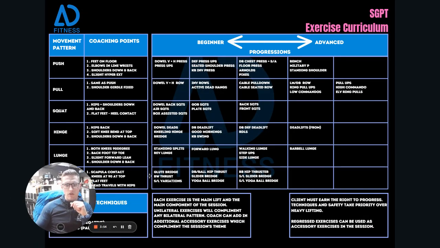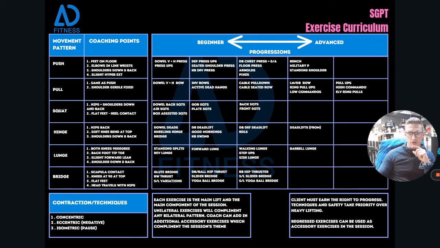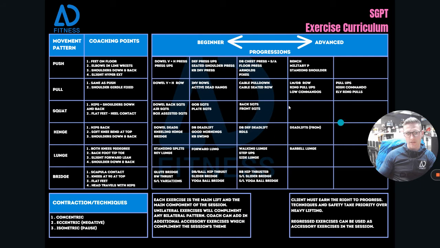Now over here you can see this is our progression and regression continuum. This is how we progress and regress all of our patterns and our movements. The idea here is for us to create a criteria to advance you along, to progress you into an advanced lifter.